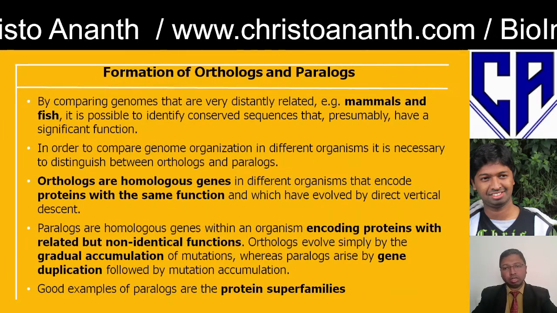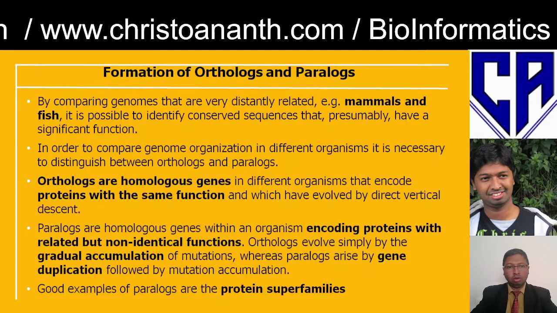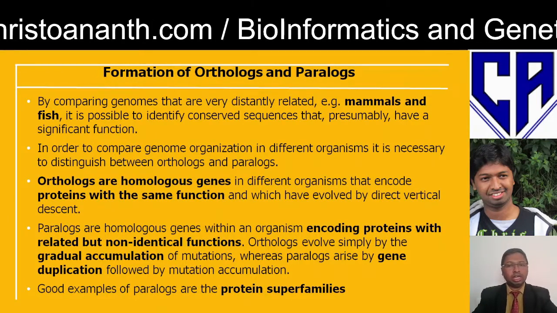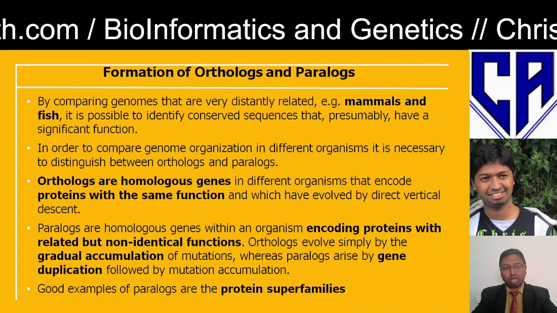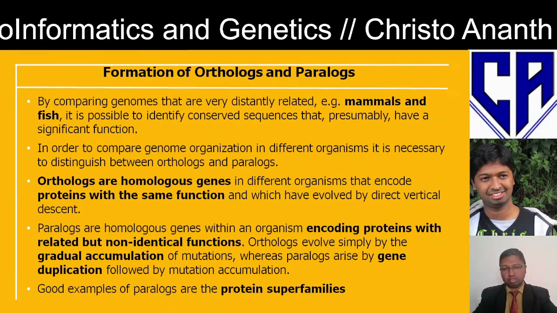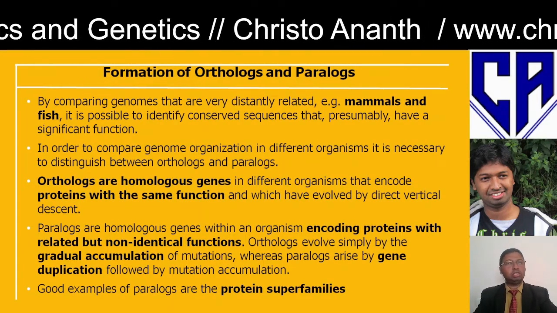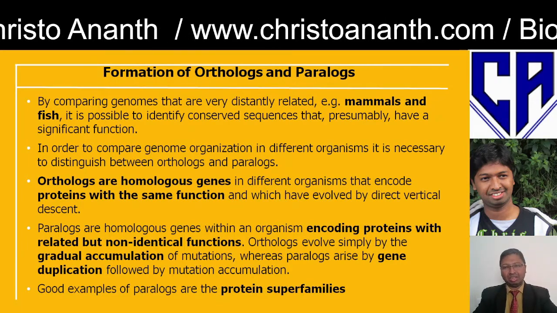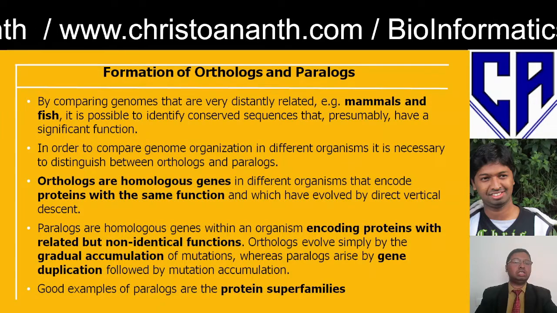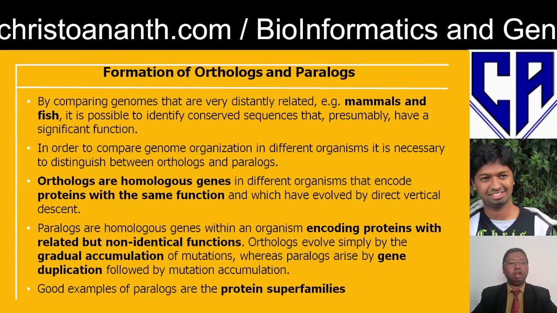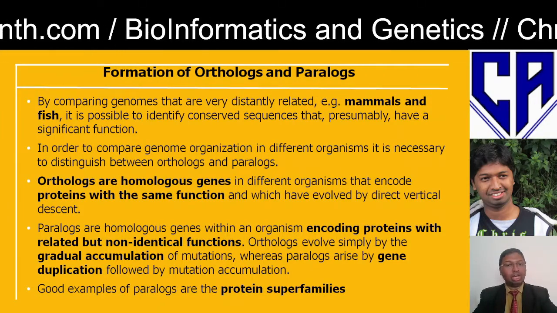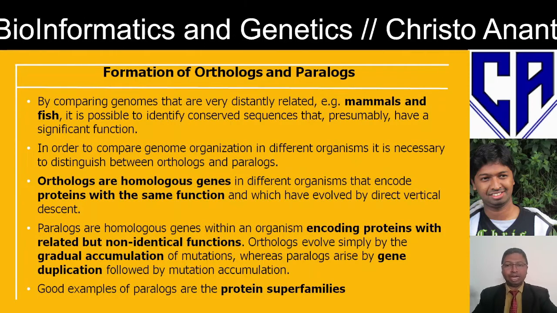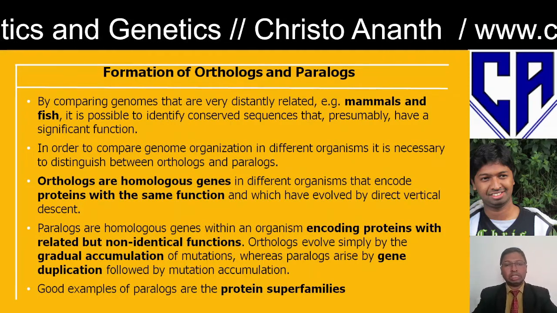In the case of proteins encoded with related but non-identical functions, you can use paralogs as homologous genes. So you can summarize that orthologs evolve from a gradual accumulation of mutations, but paralogs arise from gene duplication.